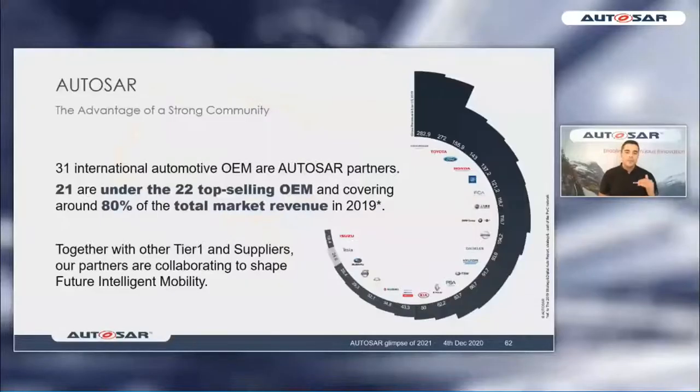And we see that most OEM projects with revenue starting in 2019 are coming with AUTOSAR partners. So 80% of the selling OEMs are initiating their EE architectures based on the standard.